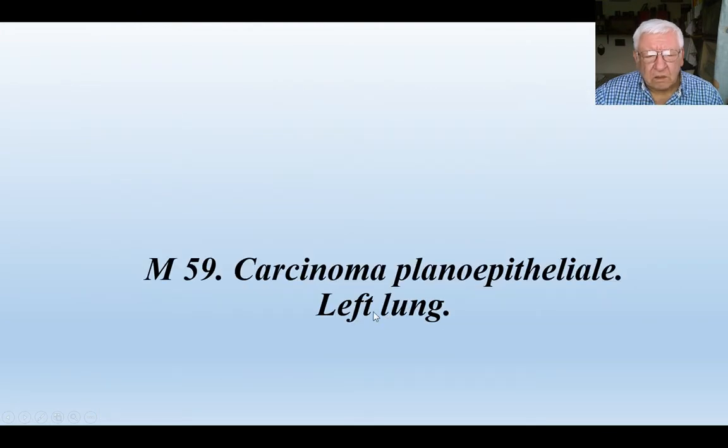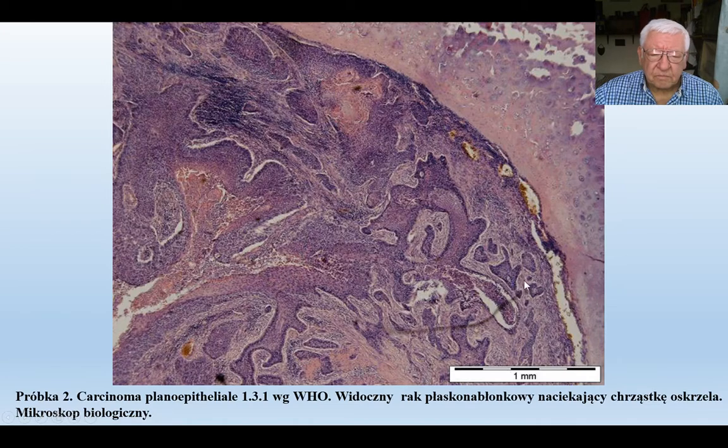And this is the drawing. And an older man, 59, the same carcinoma, the same cancer. This is a histological picture. I could not explain it because I am not a specialist, but it was selected by oncologists for the next analysis.